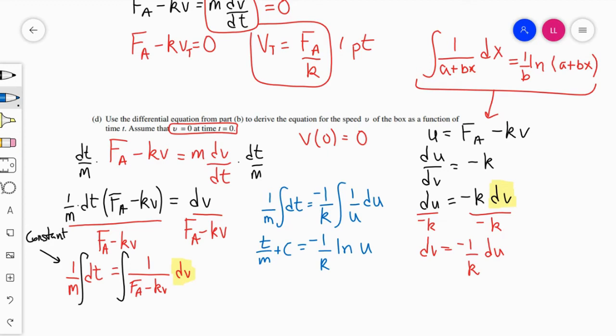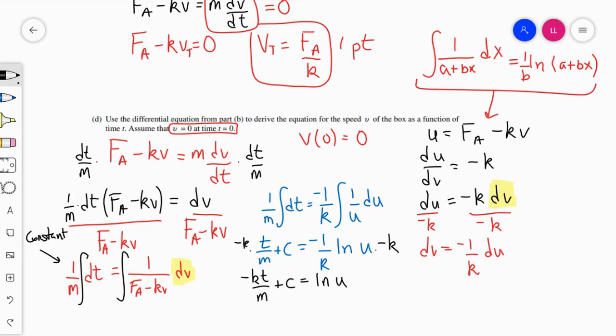And now we're just going to go about solving, right? So now I'm going to multiply by negative k. So I get negative kt over m. Oops. It's starting to look like a weird m. So plus c, right, equals ln of u.